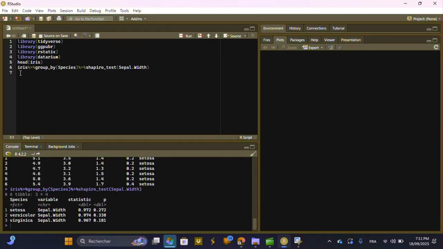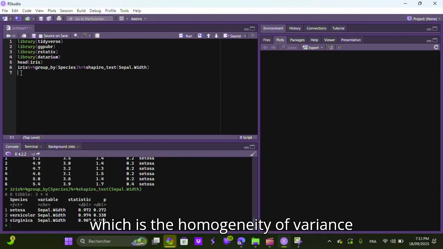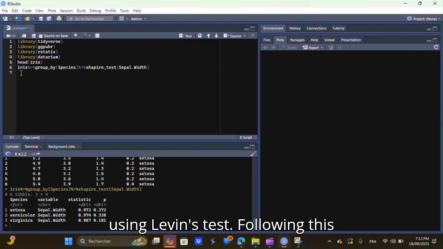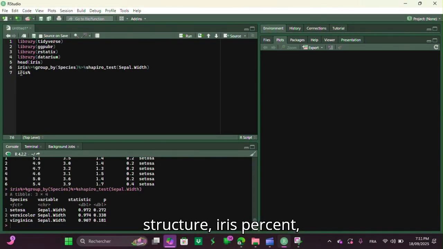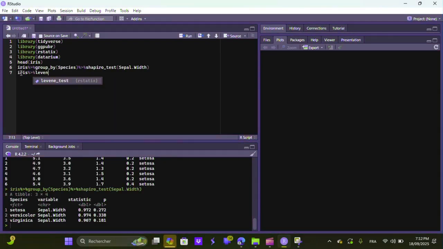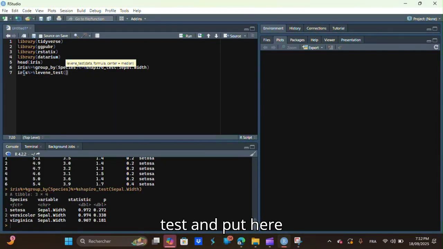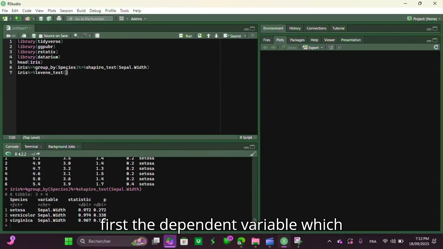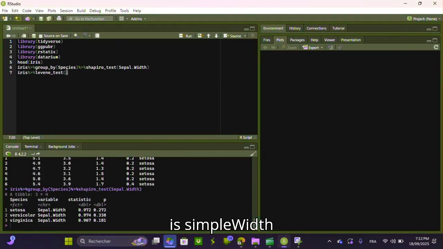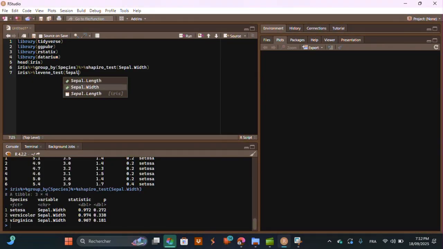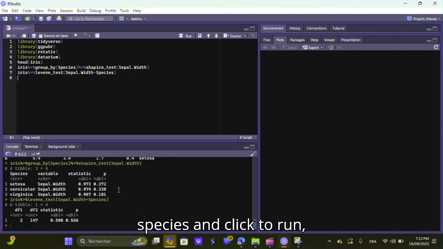So we want to check the third assumption, which is the homogeneity of variance using Levene's test. Following this structure, iris, pipe, levene_test, and put first the dependent variable, which is Sepal.Width tilde Species, and click to run.